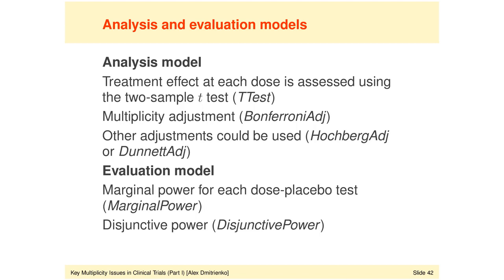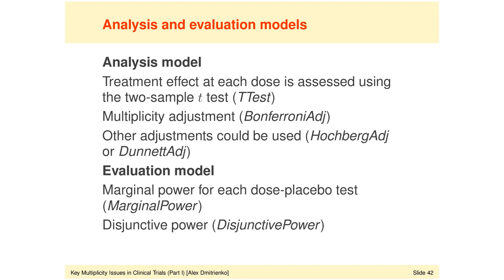But I would like to point out that, of course, other adjustments could be used, and they would in fact be recommended, such as the Hochberg or Dunnett adjustment, because, as we have discussed multiple times, those multiple testing procedures are more powerful, more efficient than the Bonferroni procedure.